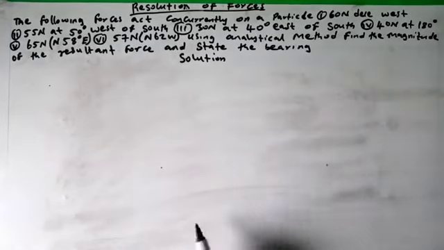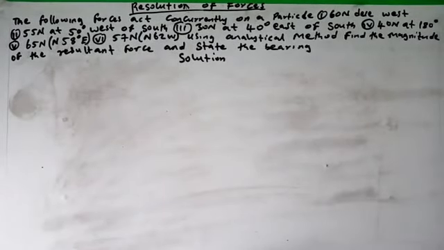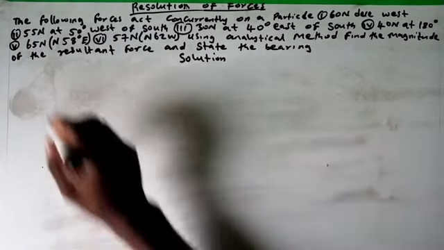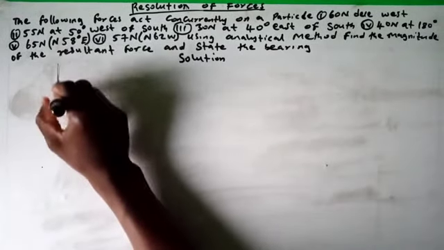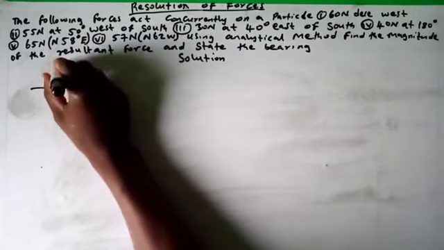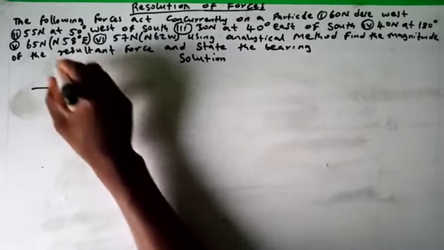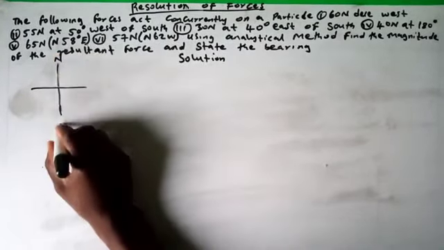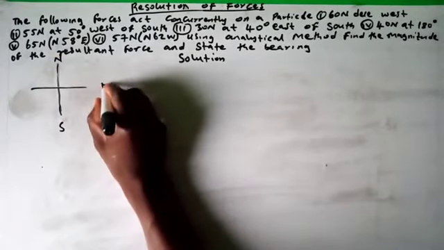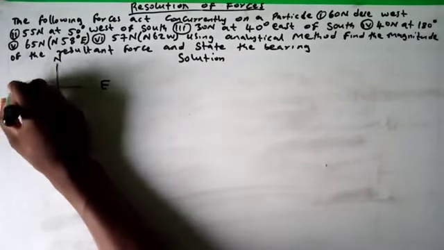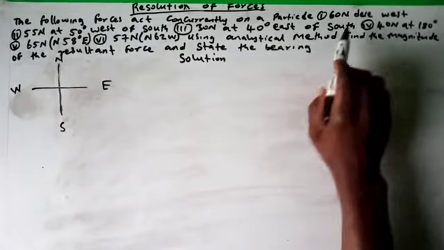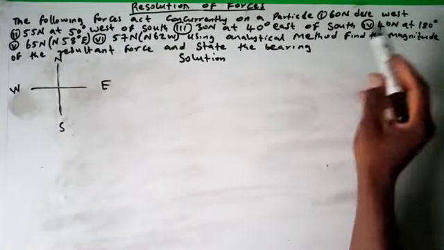So, solution. The first thing to do is to make a neat sketch of all the forces acting on the body. So we start. This is our north, this is our south, this is east, and this is west. The first force is 60 Newton due west.